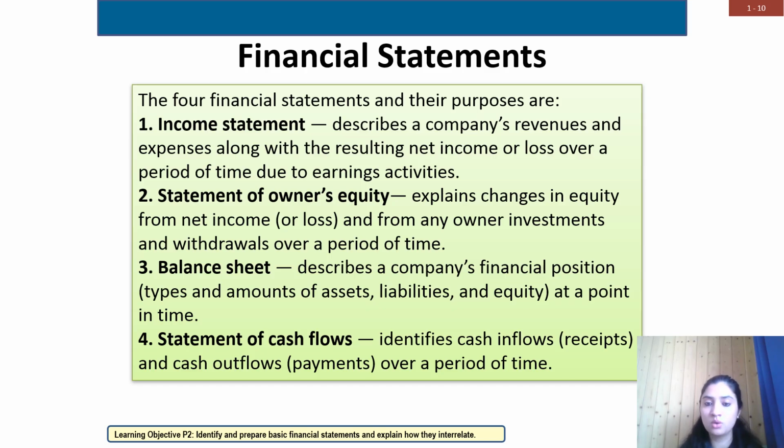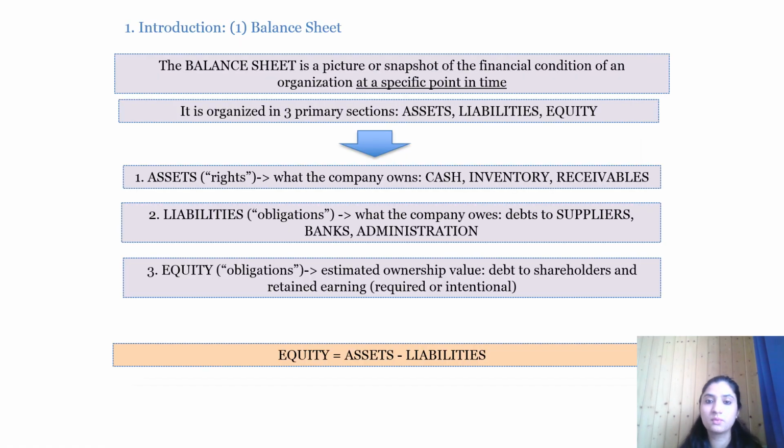It tells us what the owner's equity is after reducing liabilities from assets. Another one is the balance sheet. The balance sheet tells us what our assets are, what liabilities are, and what equity is at a certain period of time. And the cash flow statement tells us about cash inflows and cash outflows.